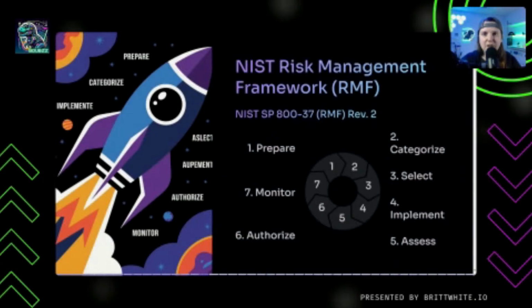You will want to deeply understand the NIST risk management framework and its 7 steps, which include: first, prepare. Prepare the organization for RMF implementation. Establish context, define roles, develop a risk management strategy, lay the groundwork for effective risk management. Second is categorize. Categorize your information systems.